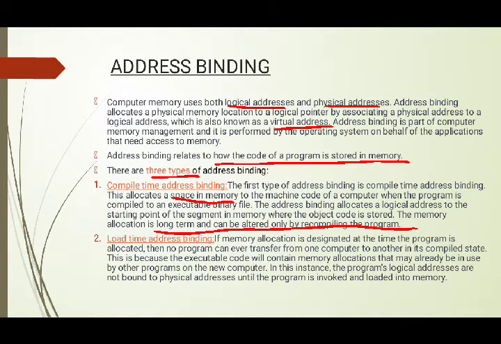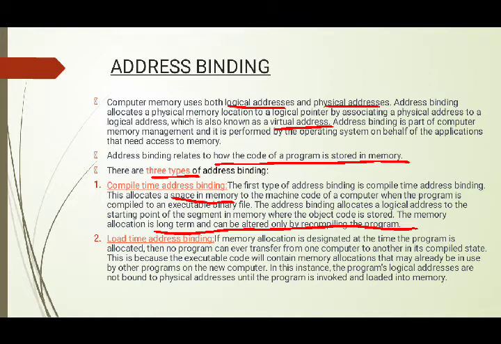During the compilation, the absolute address gets embedded in the executable code. That means the program knows from which address it is supposed to get loaded or from where it is supposed to get executed. So we have one advantage and one disadvantage for compile time address binding. The advantage is that it requires minimum setup time.